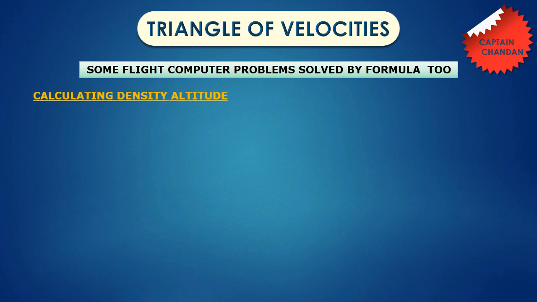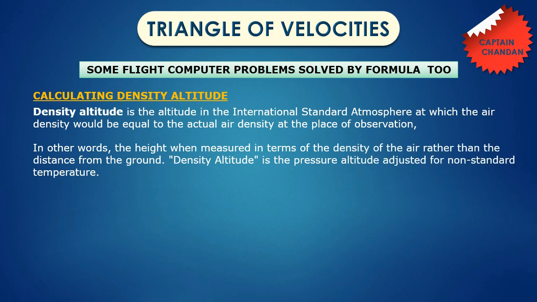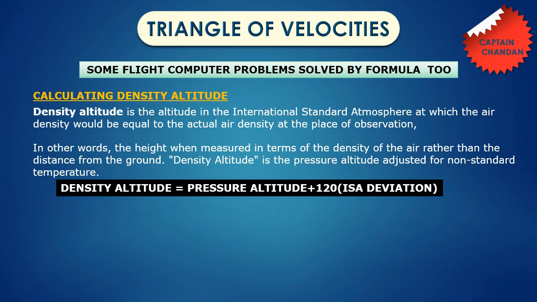Now calculate density altitude. Density altitude is the altitude in the International Standard Atmosphere at which the air density would be equal to the actual air density at the place of observation. In other words, it is height measured in terms of density of air rather than distance from the ground. Density altitude is pressure altitude adjusted for non-standard temperature. It is not a physical distance. We'll see some diagrams in an upcoming slide.